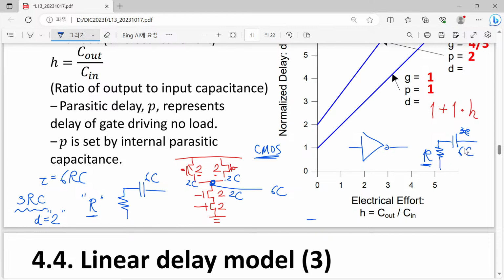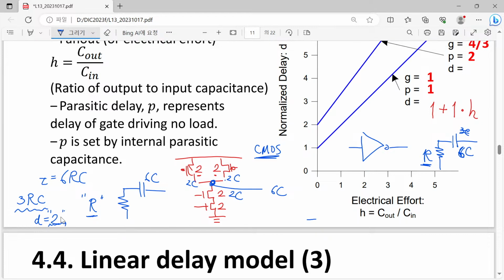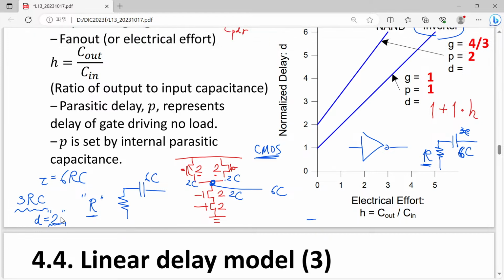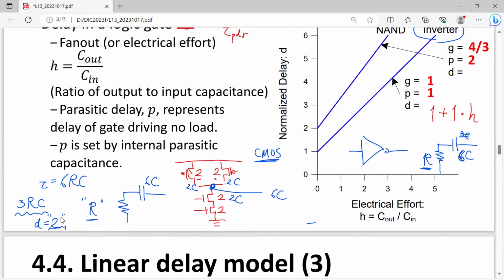So capacitance twice as large is attached to our output node. That's the reason why we have a twice slower transition for our two input NAND gate. Okay, so you can also think about this one.